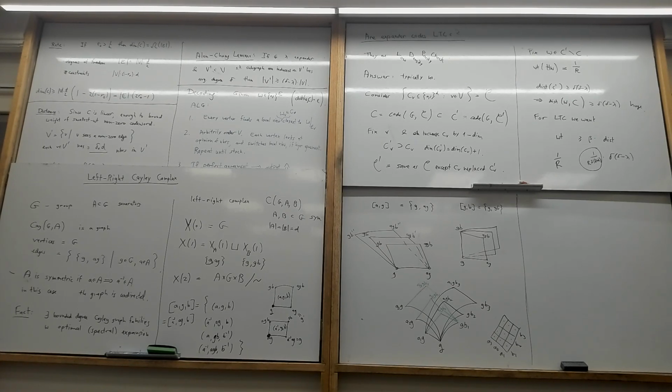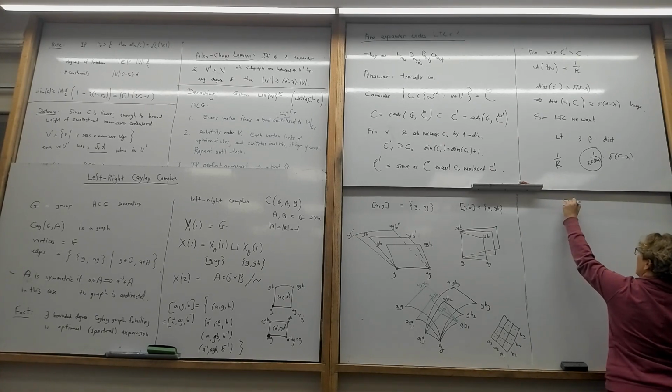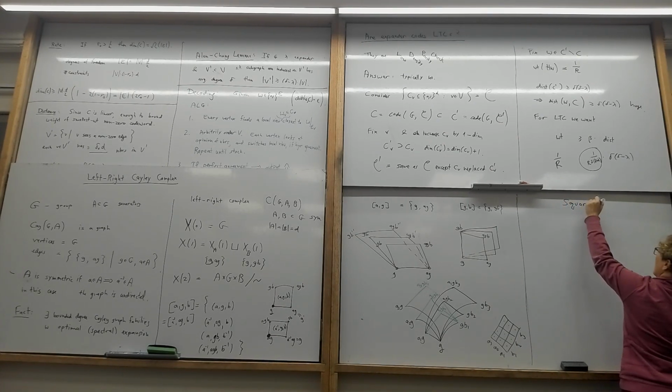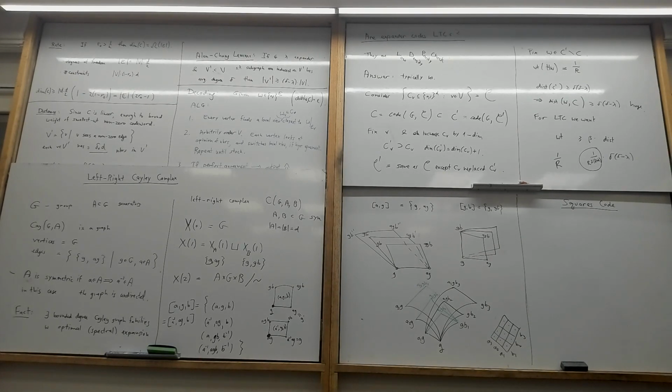Okay, so this is it, we defined the complex. Now I want to define the code, and then we can take a break. So the code is essentially what we talked about earlier when we said let's do it on a simplicial complex. It's the same idea as in expander codes, where around the vertex you have a little code.